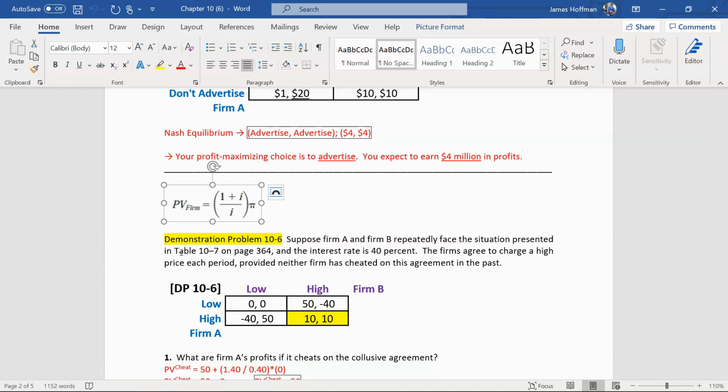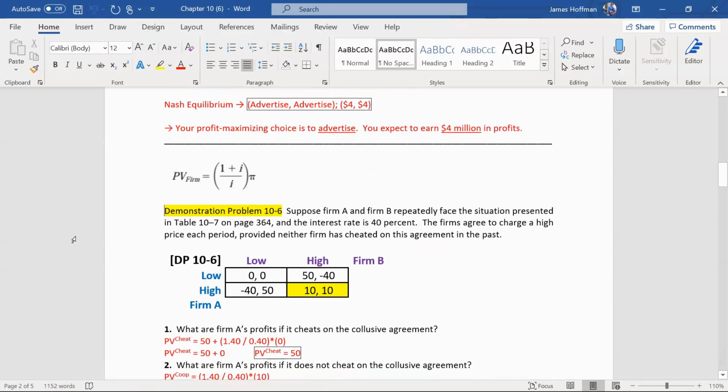Okay, so I put the general formula, and remember this is only if profit is the same every year and if the interest rate is the same every year. Okay, let's suppose that firm A and firm B repeatedly face the situation presented in table 10.7, which are replicated here, and the interest rate is 40%. So this is a very high interest rate, so this is going to affect things.